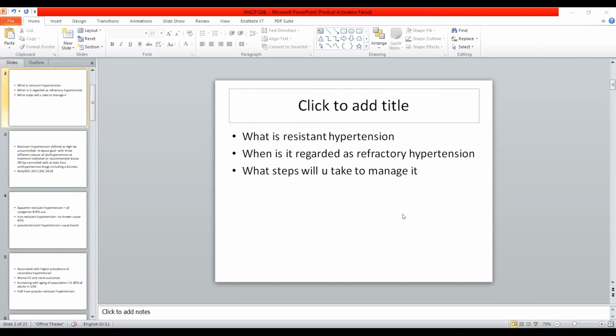Sorry, Dr. Tunji, can you come back with the explanation you gave? Okay. If an individual is being evaluated for resistant hypertension, then one of the ways to see if the patient is taking excess salt is to look at the sodium concentration in the urine.